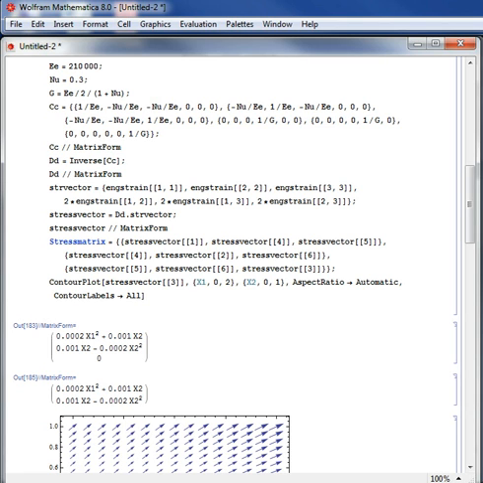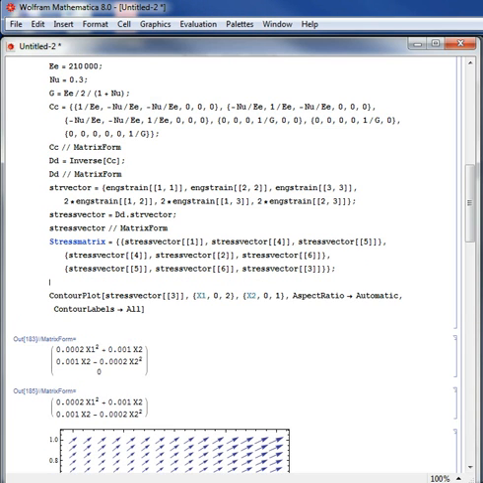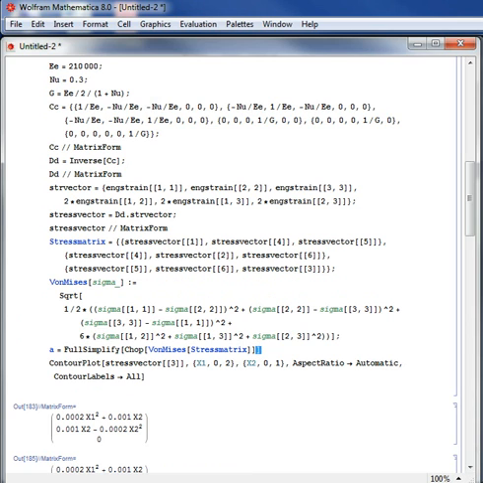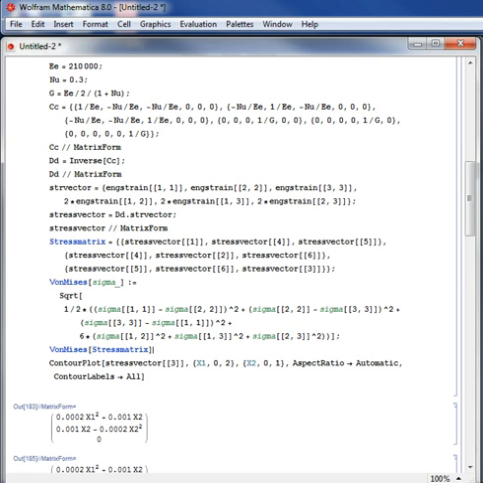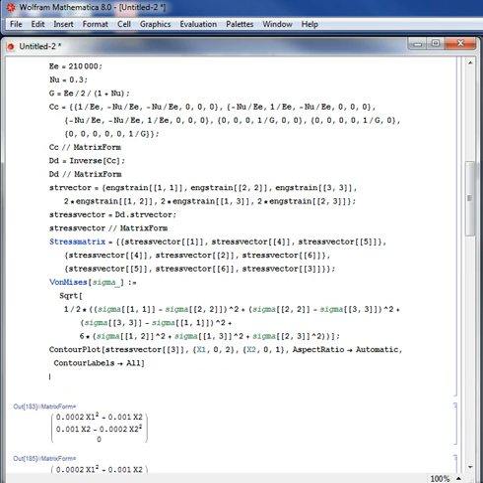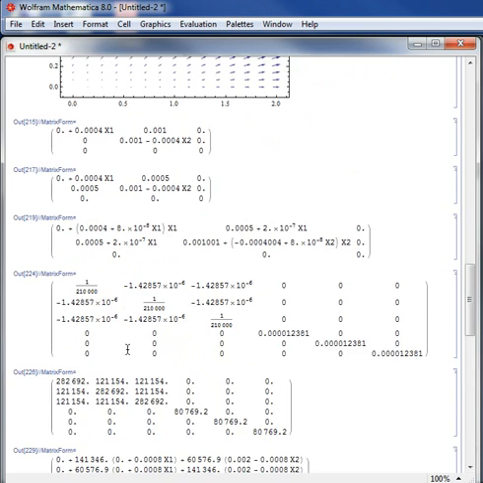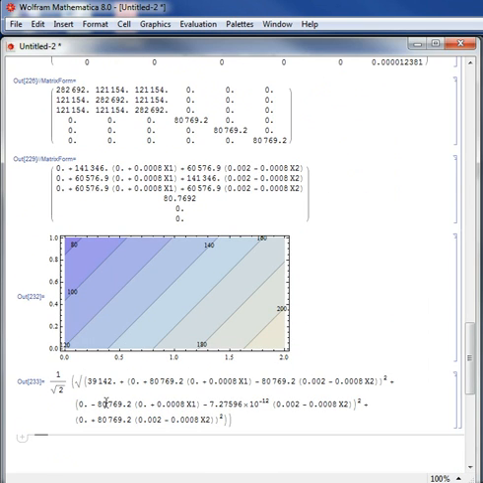So this gives me the stress matrix, and again using the von Mises function that we defined in the previous problem, I can input this function here and then calculate the von Mises of the stress matrix. Let's put it after the contour plot. Shift enter, and here's the von Mises stress.